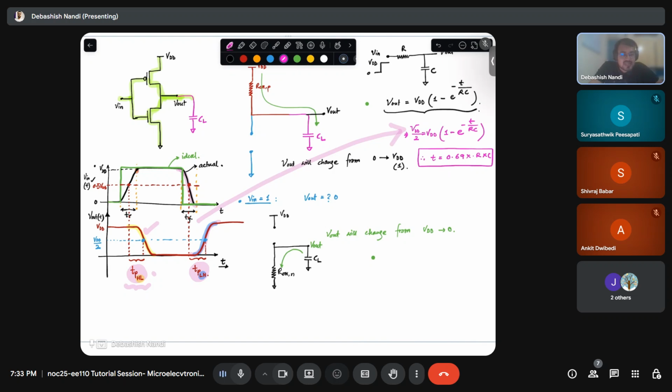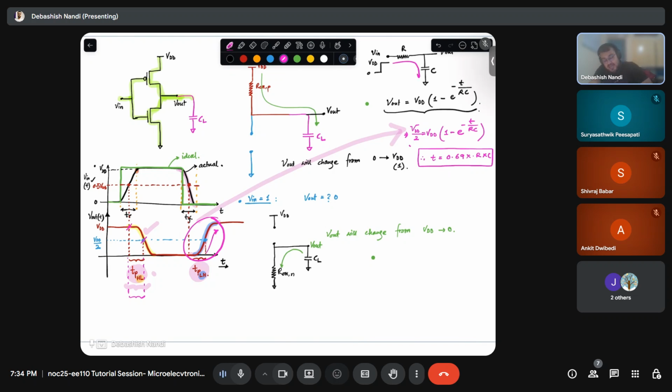Basically this T is the time that the output takes to go from a fixed value, let's say VDD, to VDD by 2. This formula is the exact case of this cycle, because here your output is charging, right?